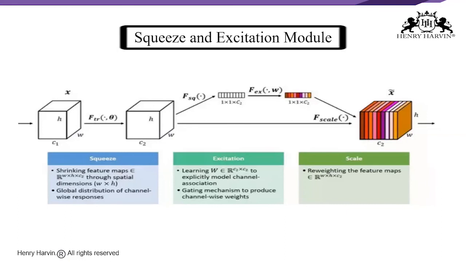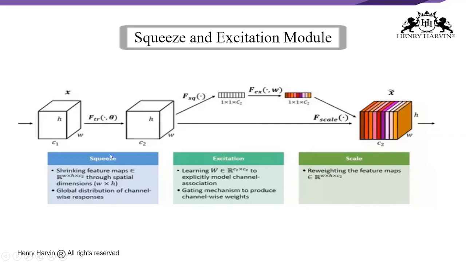Say, for example, you have a volume with height and width and channels. Then comes the squeeze operation. In the squeeze operation, they bring down the feature maps through spatial dimensions through a 1 cross 1 convolution.